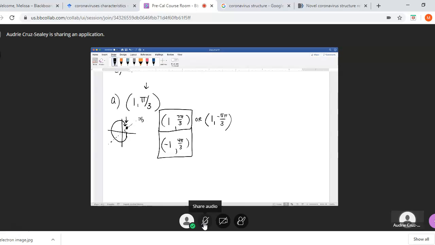So this could have been an answer. That's not the answer I did, but if you came up with this one, then that's absolutely fine. Okay, so all three of these are right. You just need one. Okay, so keeping this in mind, you try B and C. Come up with 2 points that would end up in that same position.